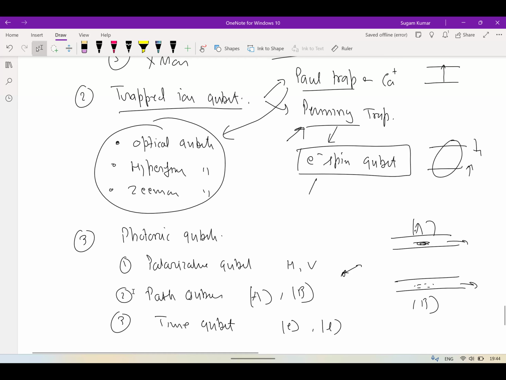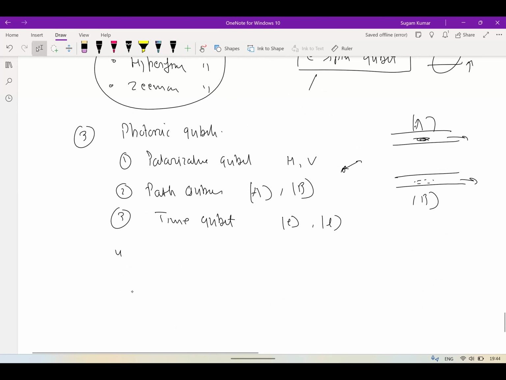You can even use the frequency of the photons, which is called the frequency qubit. You can use different frequency modes of photons as qubits, so one mode may be called one, the other mode two. So that is the third platform.